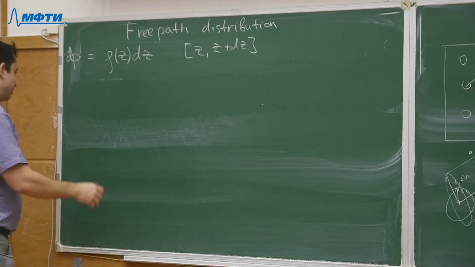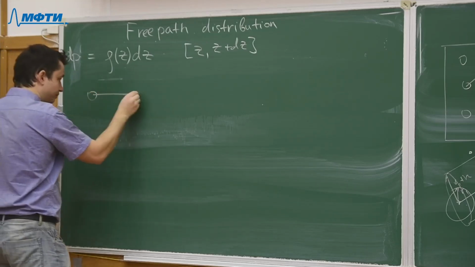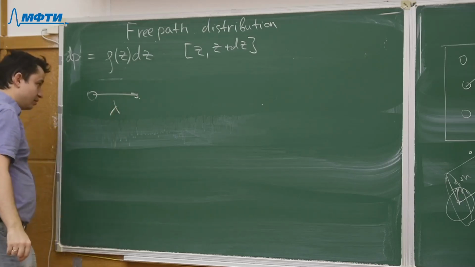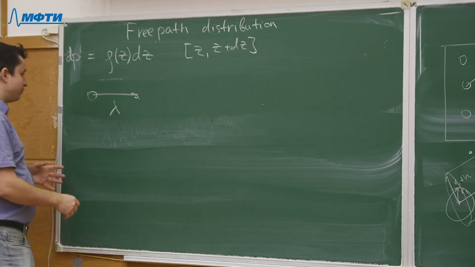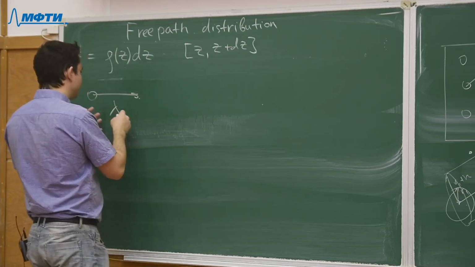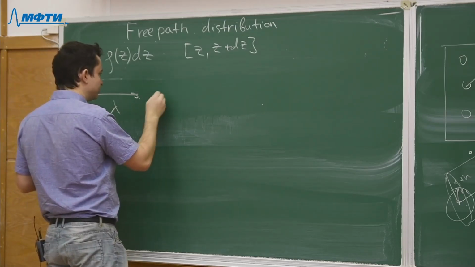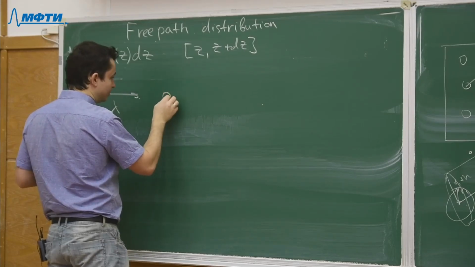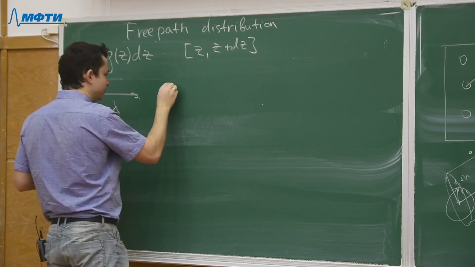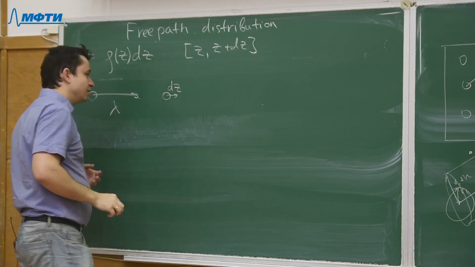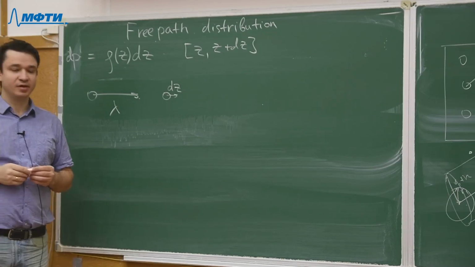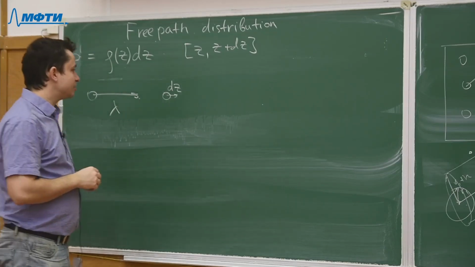Okay, that's how we're going to do this. Let's consider a single molecule moving, and we know that the mean free path is lambda. But if I assume that this molecule has traveled a very small distance of dz, not lambda, but a very small distance dz, what's the probability for this molecule to experience a collision?